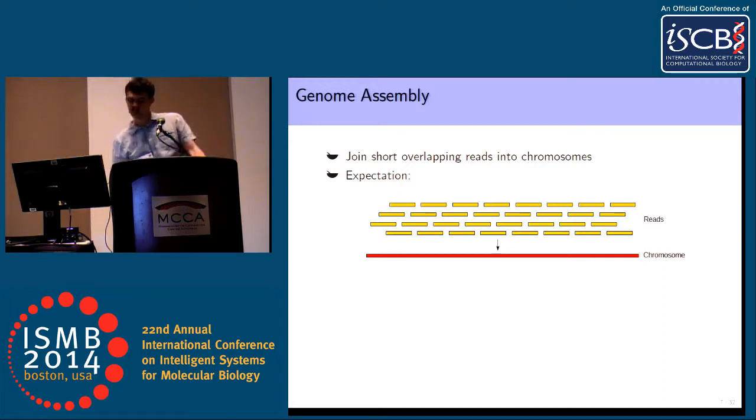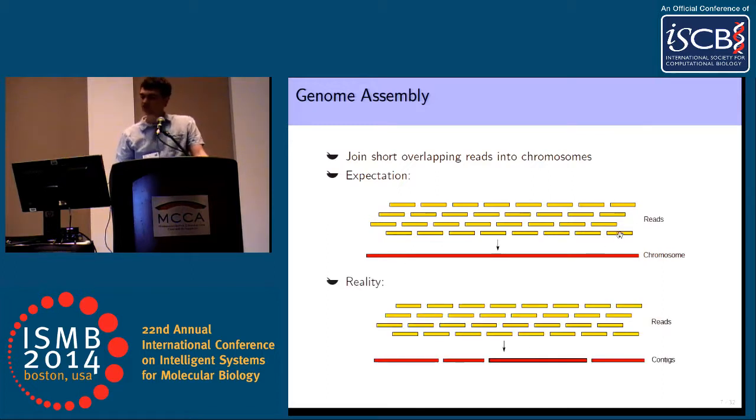But unfortunately, in most cases, assemblers fail to reconstruct the complete sequence. Instead, they output contiguous regions of the chromosome called contigs. They do not overlap. They cover the entire genome, but we don't know the permutation. For some studies, it is already enough, but others require the complete sequence.